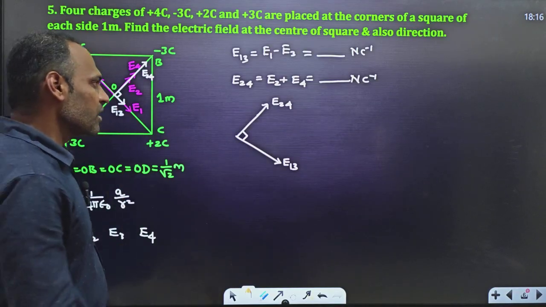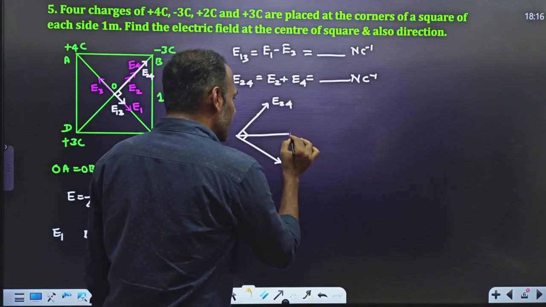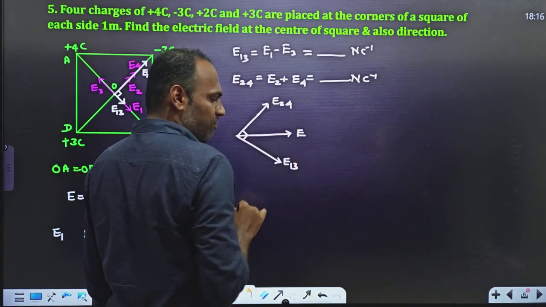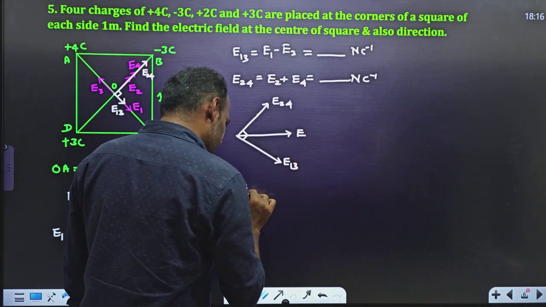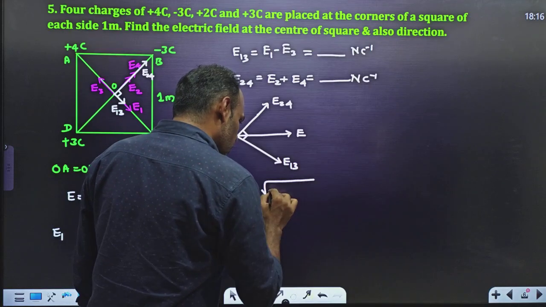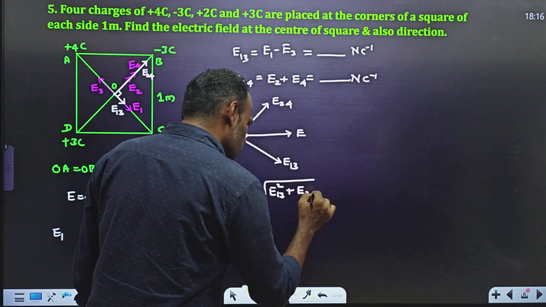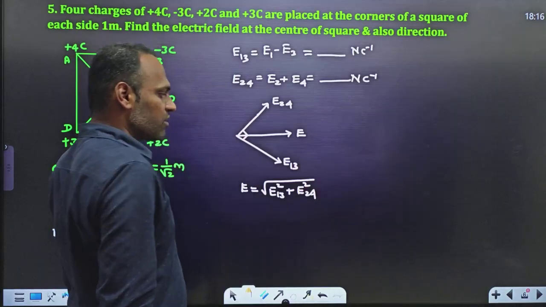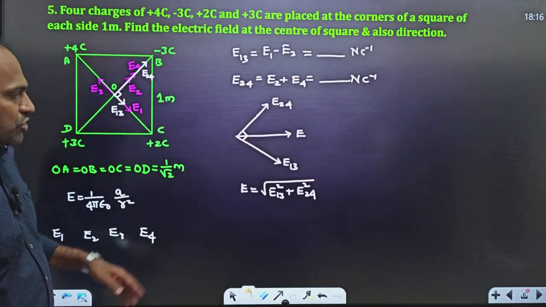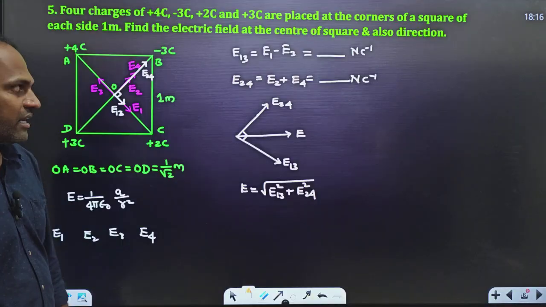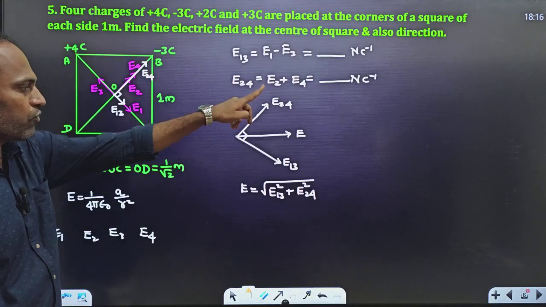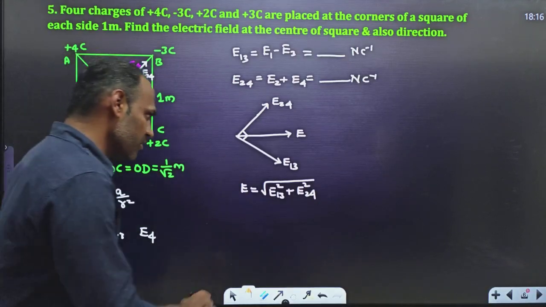So the resultant of these two electric fields, I will take it as E. This resultant electric field E will be equal to root of E13 square plus E24 square. Why? Because these both are perpendicular. Since you already have E13 and E24, you will get the resultant electric field.